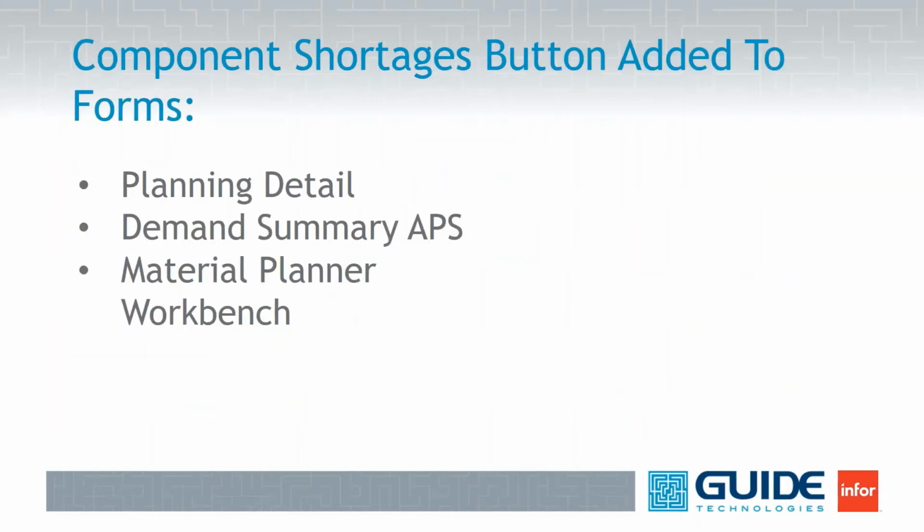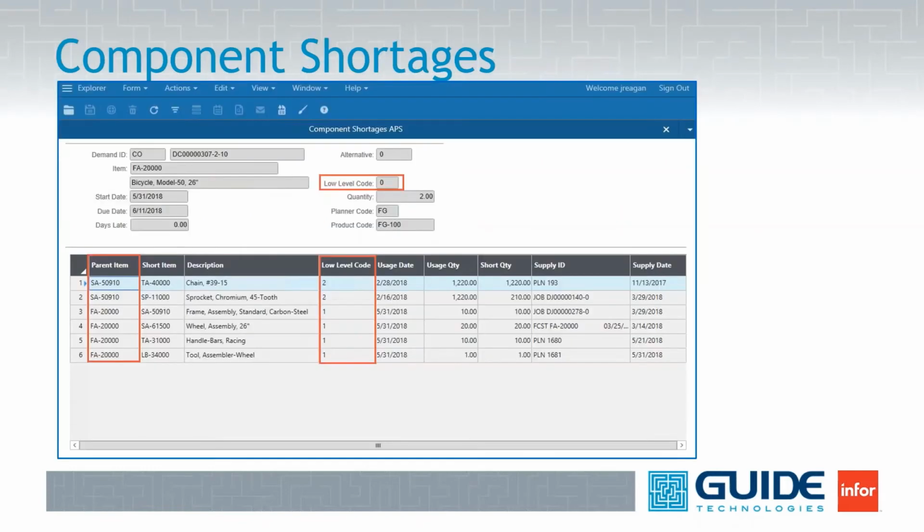The shortages button has also been added to the planning detail form, the demand summary APS form, and the material planner workbench form. So you can see now in the component shortages form, in the example I have up on the screen, the low-level code is for the FA 20,000 that's satisfying a demand for a customer order, DC 307 line 2 release 10.